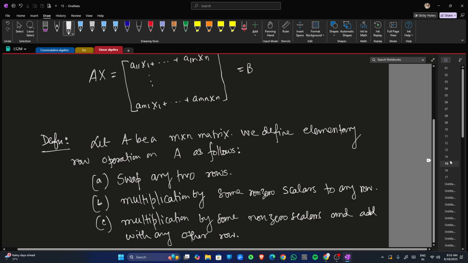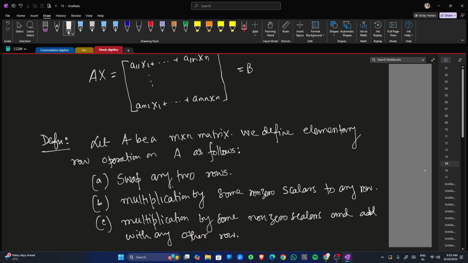Okay, suppose you have a matrix. If you applied procedure A, that you swap any two rows, you can swap them back so that you get the original matrix. If you use the process B, that you have multiplied any row by any non-zero scalar, since you are on a field, you can multiply by its inverse, say C inverse, so you get the original matrix.